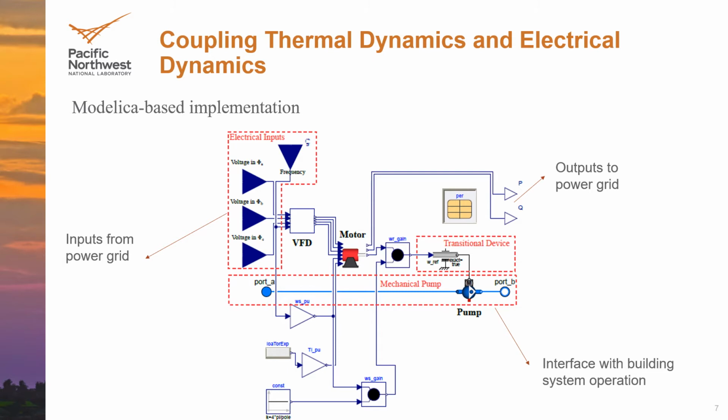It takes in the three-phase voltage and the frequency at the input and generates the real and reactive power that can be used as the input for the power grid models. It also has the fluid port, which allows it to be integrated into other system models or thermodynamic models directly.